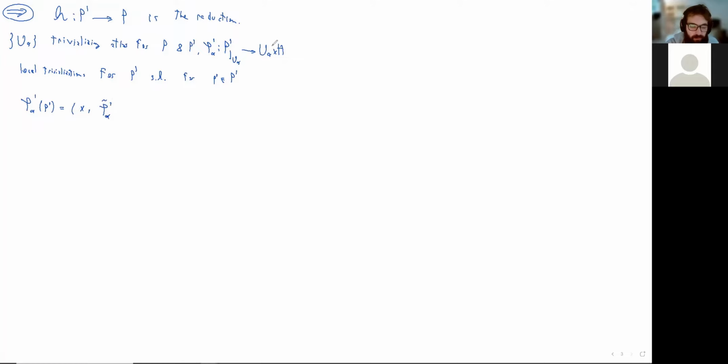So it's just two components. The first one is just x, which is pi of p prime. And the second one, I just give it a name, which is phi alpha prime tilde, xp prime.